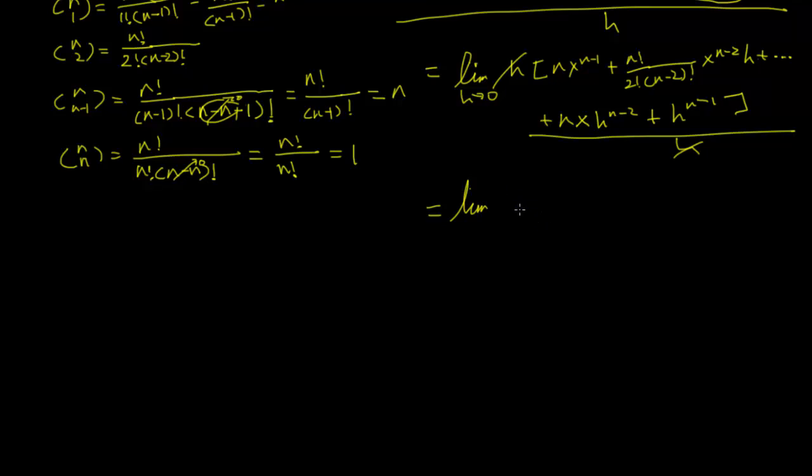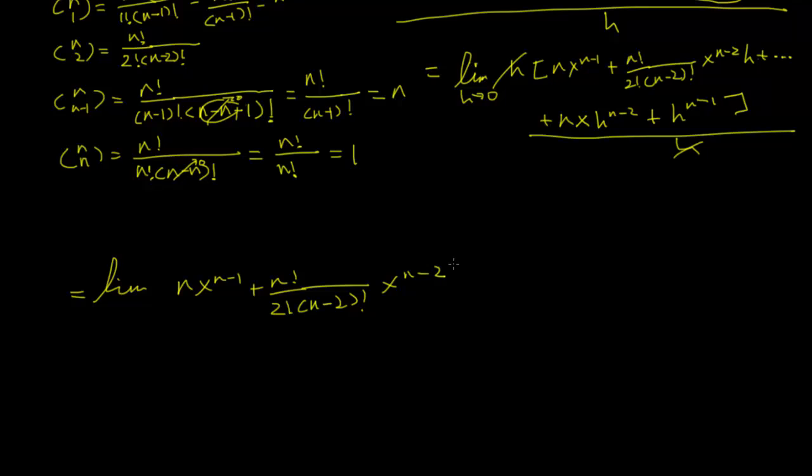the limit of n x to the n minus 1 power plus n factorial over 2 factorial times n minus 2 factorial x to the n minus 2 h, plus n times h to the n minus 2 plus h to the n minus 1.